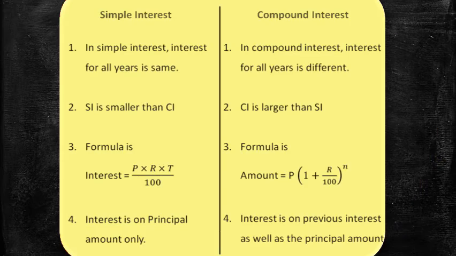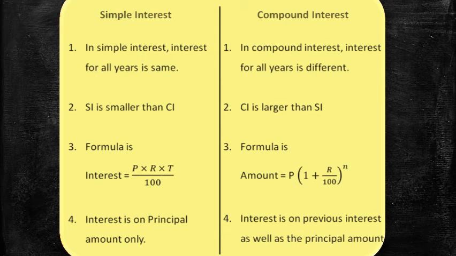Now, let's compare in detail simple interest and compound interest. In simple interest, the interest for all the years remains the same. In compound interest, interest for all years is different, as we had seen in the previous question. Simple interest is smaller than compound interest. That means compound interest is of course larger than simple interest.